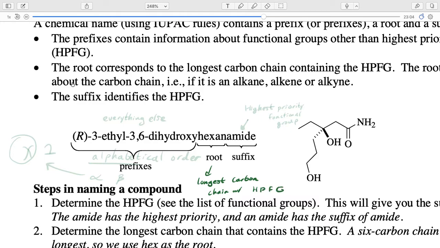The suffix contains or is the highest priority functional group. And here, since it's an amide, we don't have to label it as 1 because 1 is just assumed. But the prefixes contain everything else.